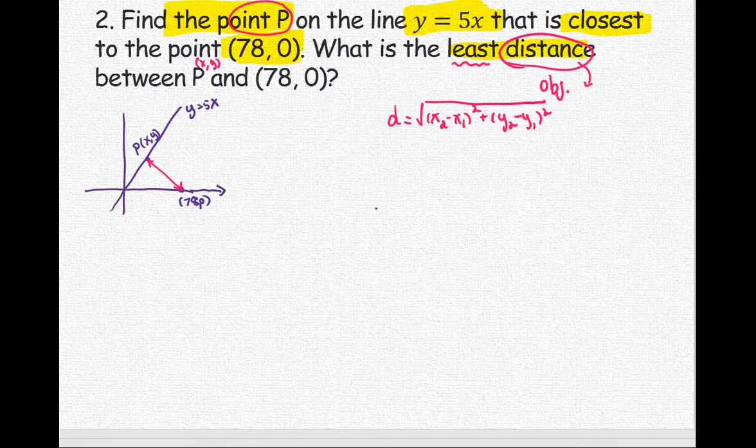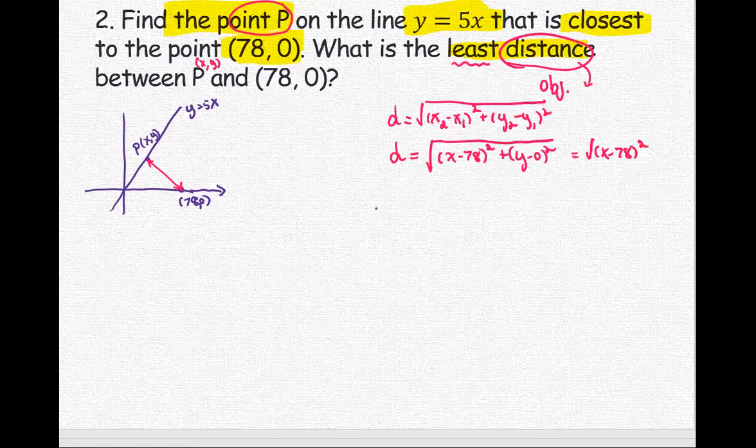So from the objective function, d equals the square root; if the first point is x comma y and the second point is 78 comma 0, then x2 minus x1 gives x minus 78 squared, plus y minus 0 squared. Or we have the square root of (x minus 78) squared plus y squared.